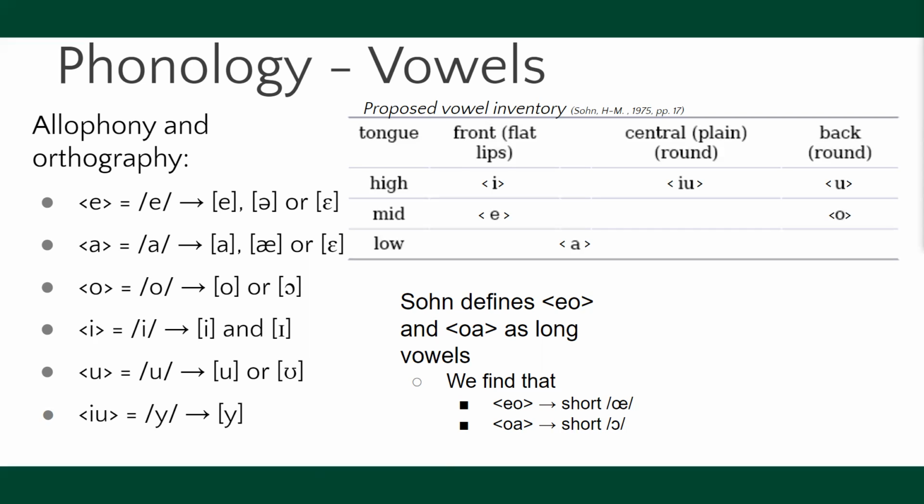Finally, the IU in the orthography, we believe it represents the high front rounded vowel. At least that's what my small group is arguing. As we're going to see in the next slide, Son also defines the graphemes EO and OA as long vowels, but what we've seen in our elicitation, I believe these are actually short, the short mid front rounded and the mid back unrounded vowels respectively.